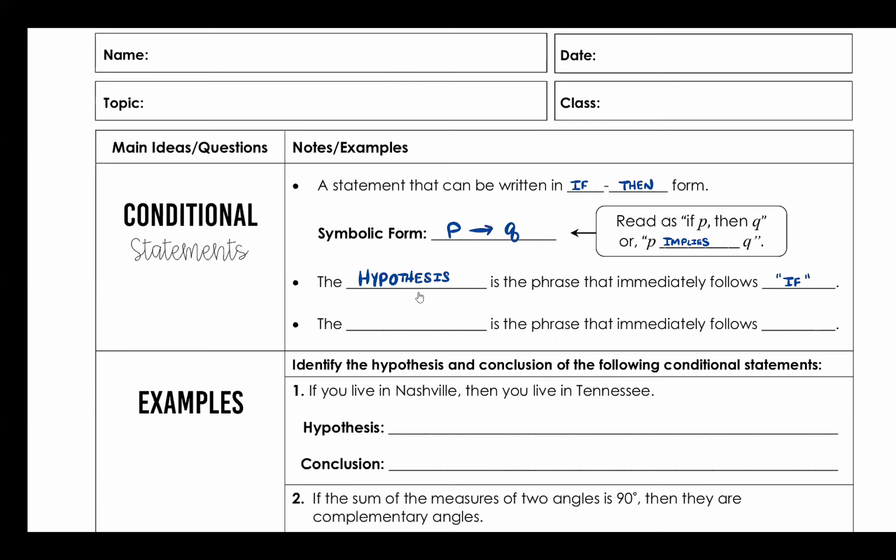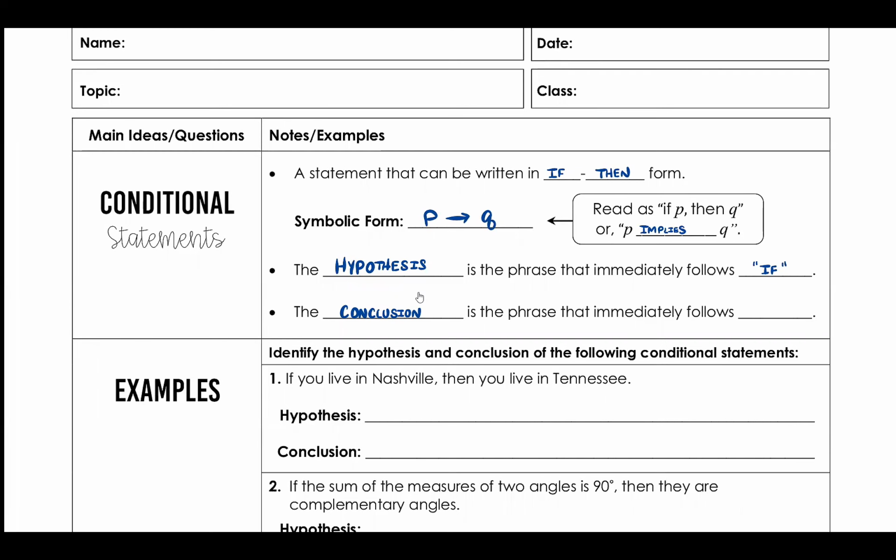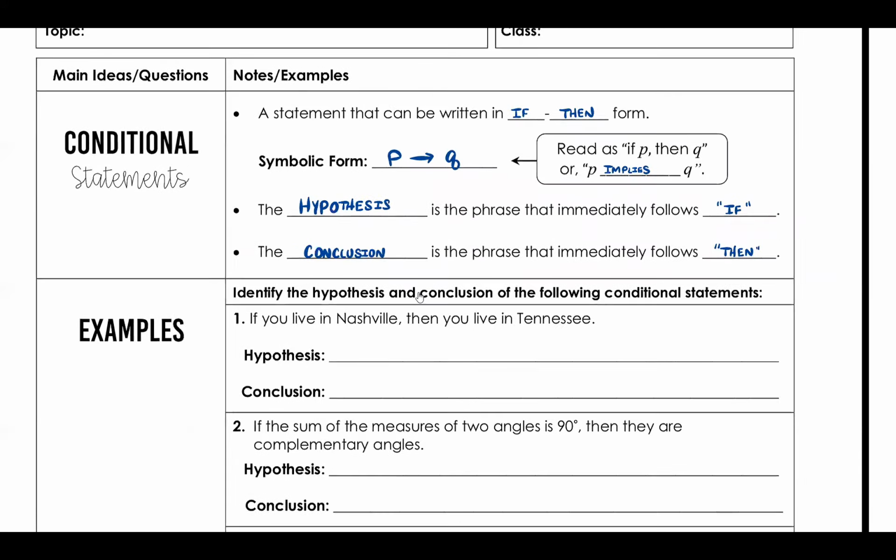And then our conclusion is the phrase that immediately follows the then. If the hypothesis follows the if, the conclusion is going to follow the then. So that's the fundamental breakdown of our conditional statement. It's an if-then statement. The first part is our hypothesis. The second part is our conclusion.